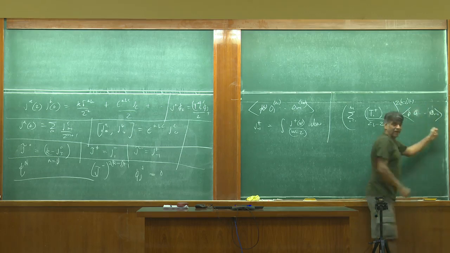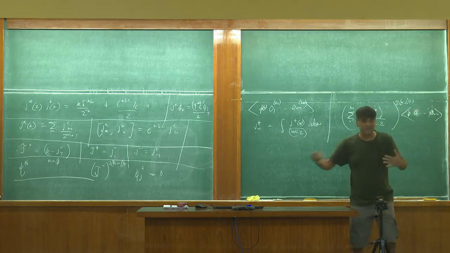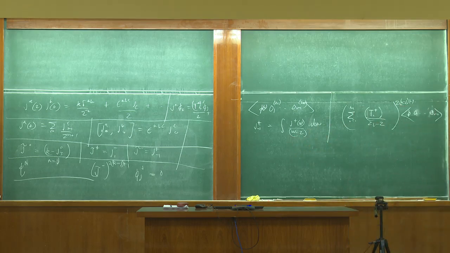Each of these O's are in their own representations of SU2. I'm not denoting that in the notation, but you know it, right? These T's act on those representations. And as we discussed last time, T1 only acts on phi 1, T2 only acts on phi 2, but you have to do some combinatorics to make this explicit.